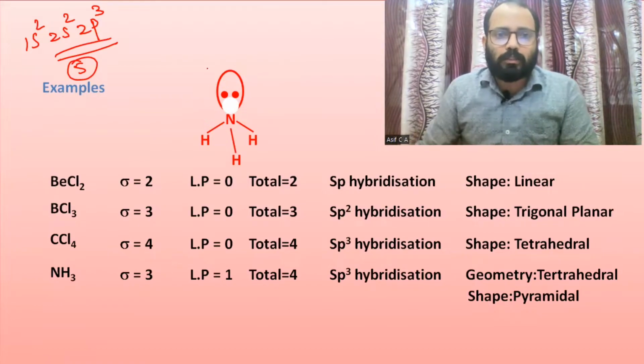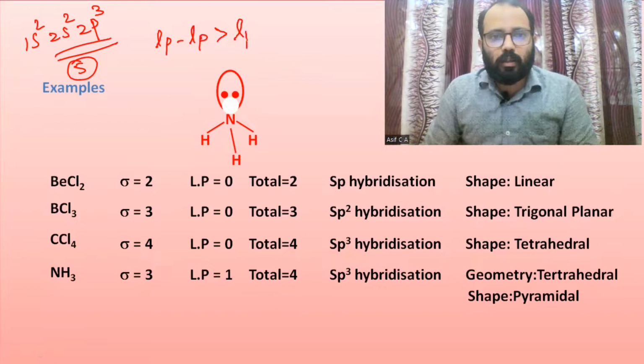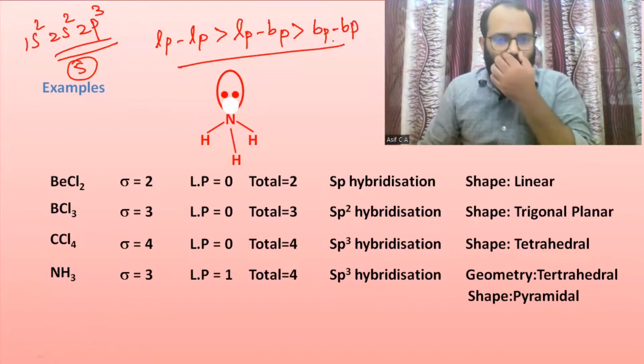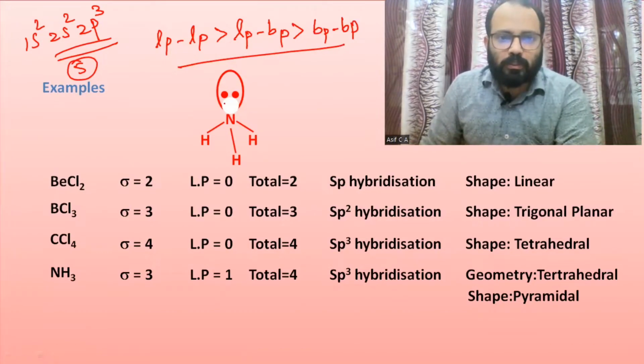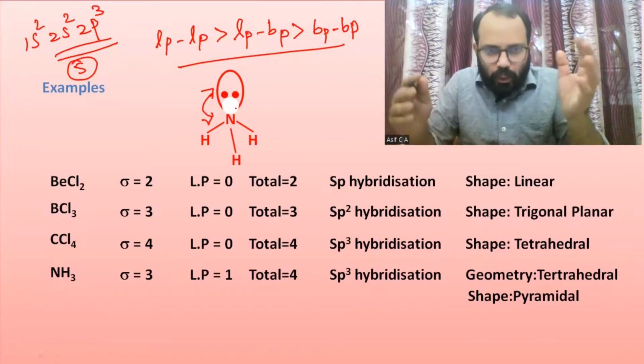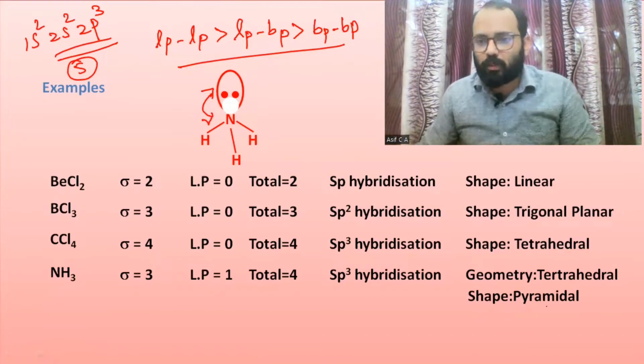Just remember this: lone pair-lone pair repulsion is greater than lone pair-bond pair repulsion, which is greater than bond pair-bond pair repulsion. Because of the lone pair-bond pair repulsion, the shape changes. The shape becomes pyramidal but the geometry is tetrahedral.